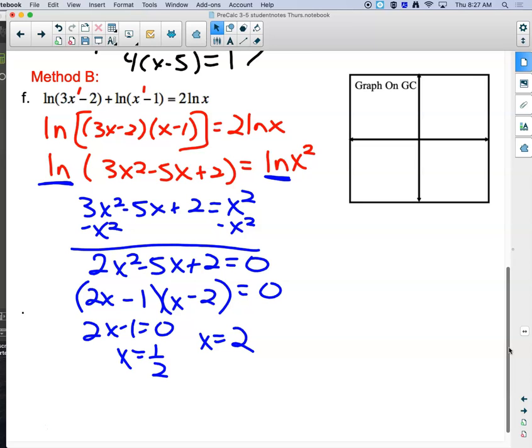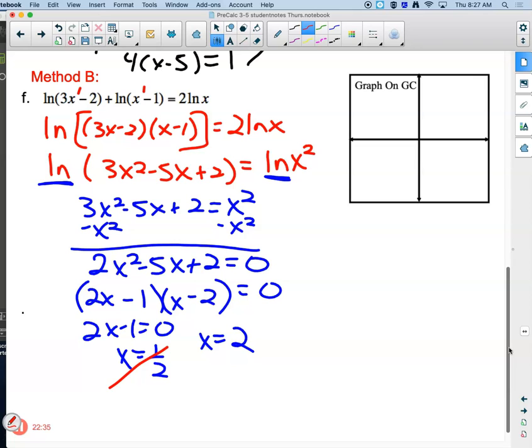So let's take a peek. If we put 1/2 in this first set of parentheses, 3 times 1/2 would be 3/2, and 3/2 minus 2, wait a second, that's going to be negative. And you can't raise e to some power and get a negative number. So x equals 1/2 is extraneous. And then you just run through, well, is 2 going to work? Oh, this would be positive and this would be positive.